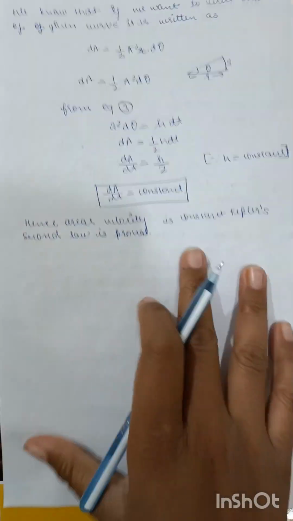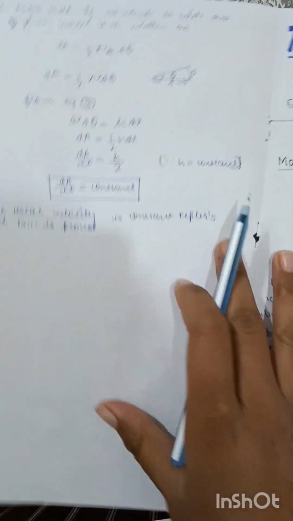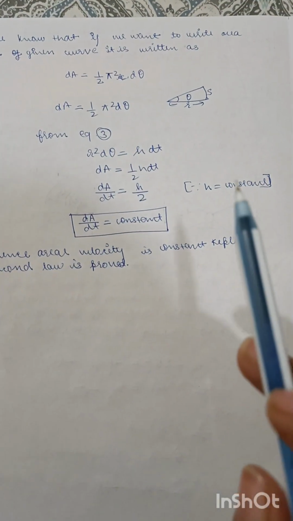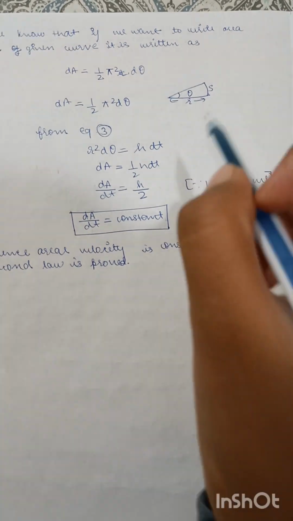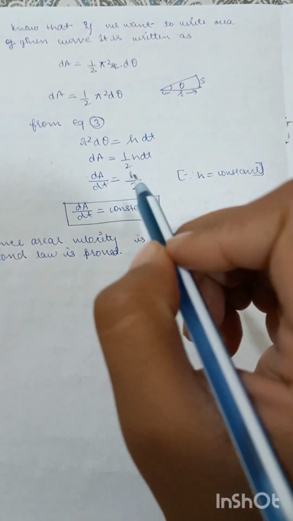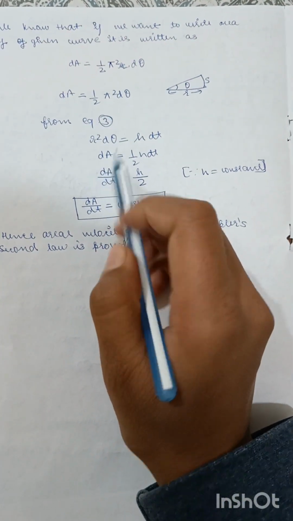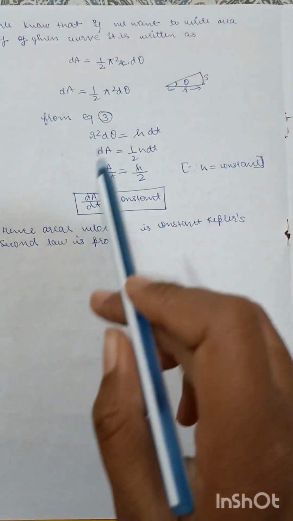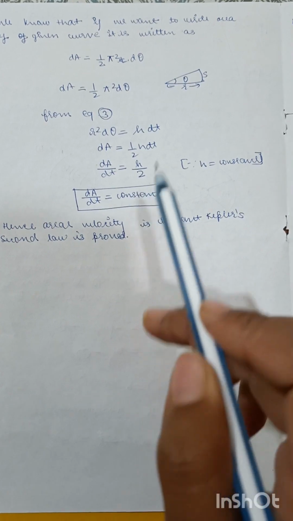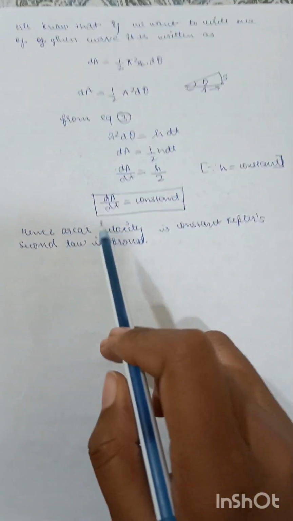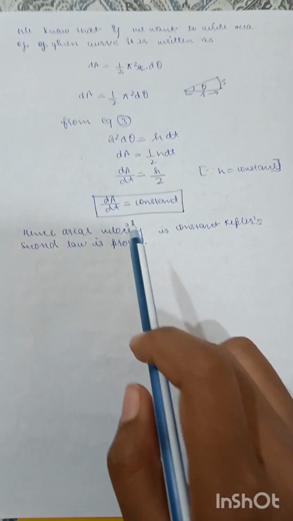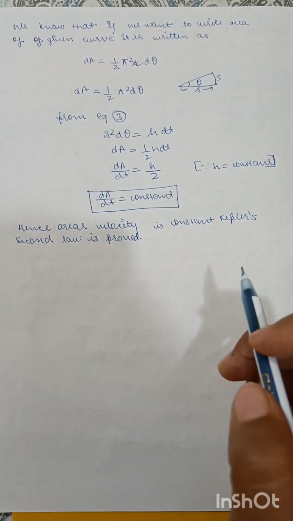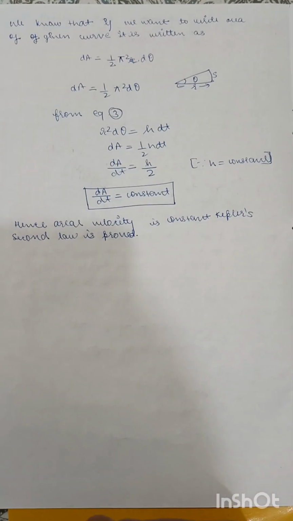From equation 3, r square d theta equals h dt. So dA equals 1 upon 2 h dt. Then dA upon dt equals h by 2, which is a constant. Hence the areal velocity is a constant. Kepler's second law is proved.